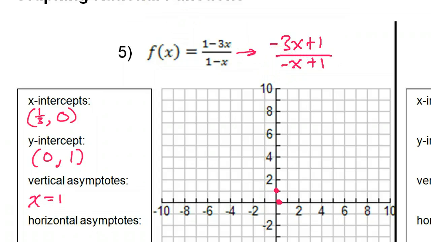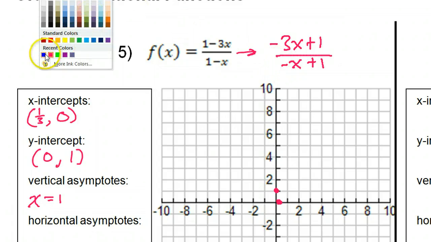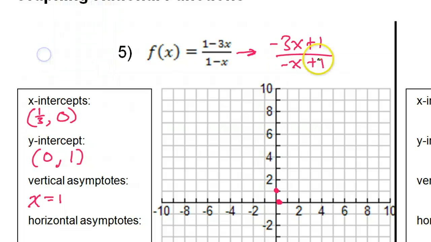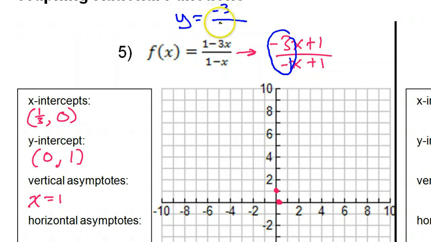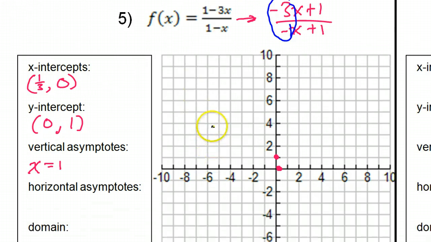Okay, so hopefully now you can see what the leading coefficients are. Negative 3 and negative 1. So that means that the horizontal asymptote will be y equals negative 3 divided by negative 1, but that equals positive 3.